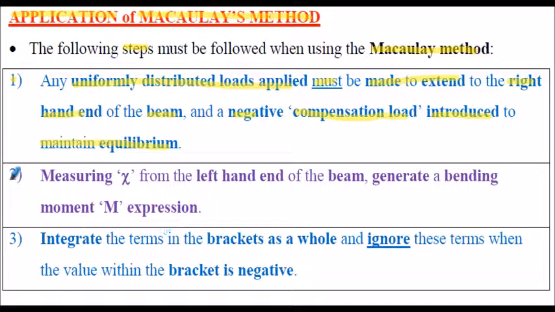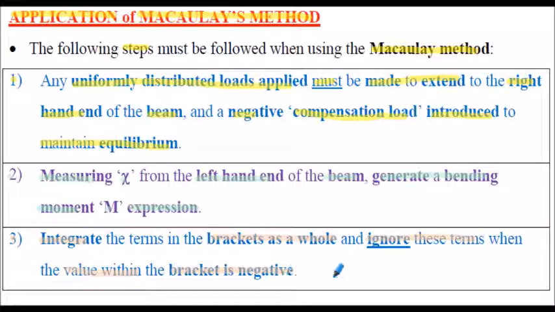Step 2, in our work we will always measure the x dimension from the left-hand end of the beam and then generate a bending moment expression for the beam. In step 3, we integrate the terms in the brackets as a whole and ignore these terms when the value within the bracket is negative.